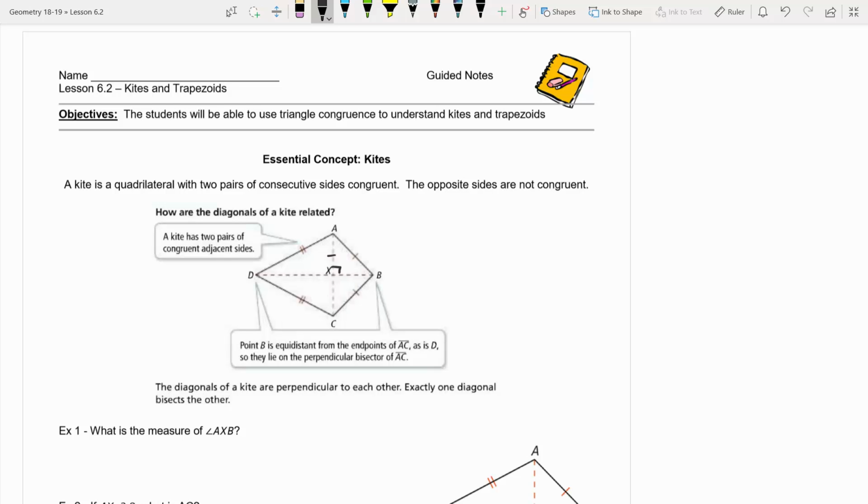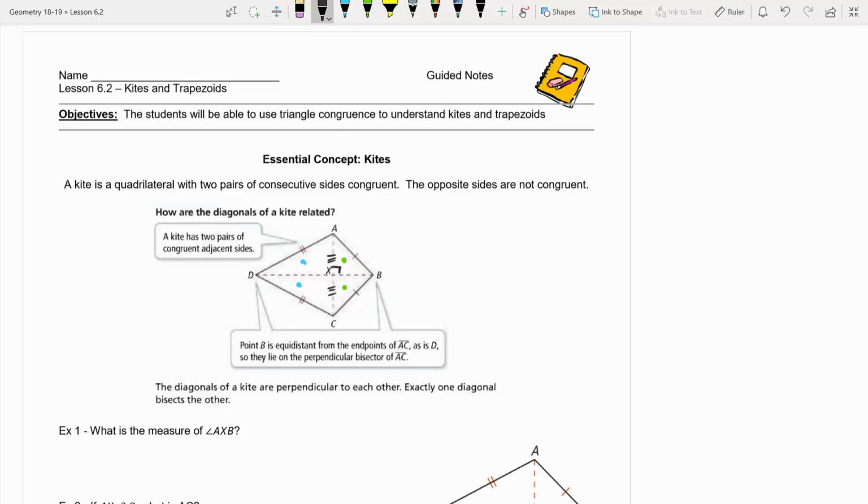So that tells me that this side here and this side here, AX and CX, are going to be congruent as well. So we end up really having two sets of congruent triangles. You've got this set here, those two triangles are going to be exactly the same, and then you've got this set here. They're going to be exactly the same as well. So it's kind of a neat setup here, having the ability to hone in. It makes solving these much faster.